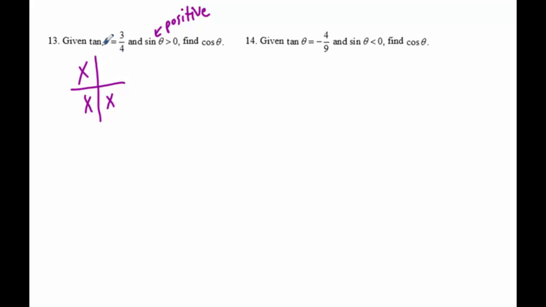That's the only place where if you're given two trig functions and they're both positive, it has to be in the first quadrant. So I draw my triangle and label my sides, and I figure out the third side. This is a 3, 4, 5 triangle, or I can use the Pythagorean theorem. Then cosine is adjacent over hypotenuse, or x over r, whichever way you want to think of that. So my answer is 4/5.